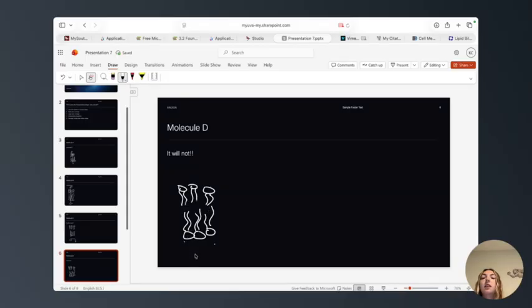And then here is molecule D. It's a little bit bigger than anticipated. Let's draw that. Molecule D is going to look like this, and it's going to do a little bit of that action. It doesn't make it through that phospholipid bilayer.